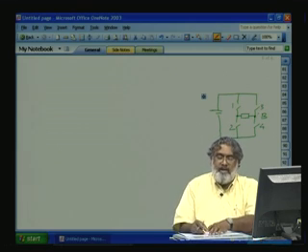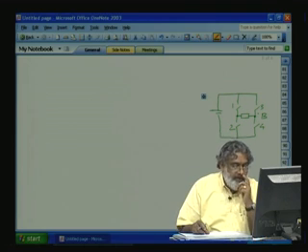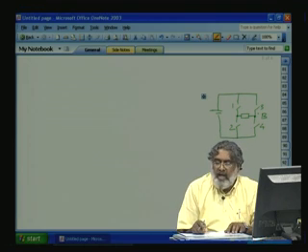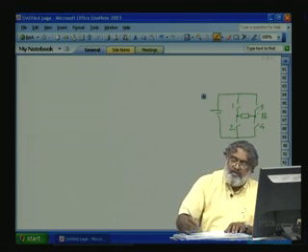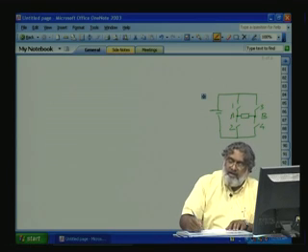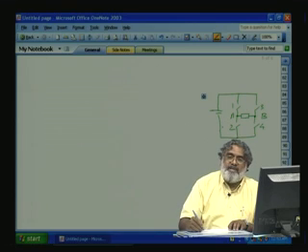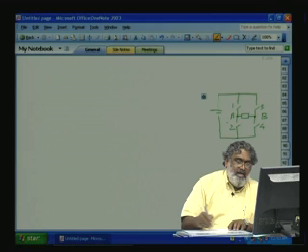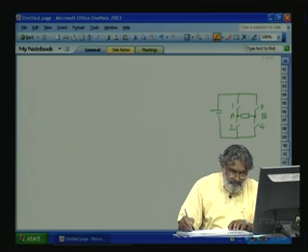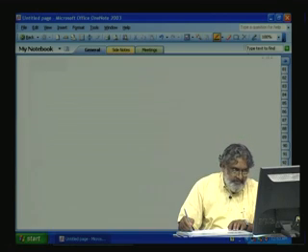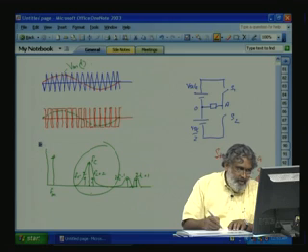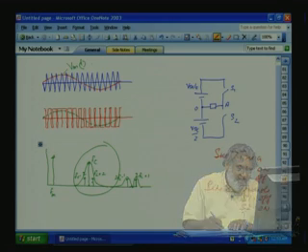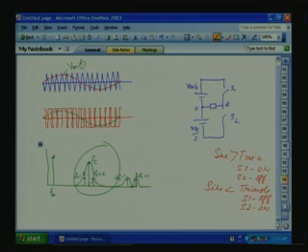These two legs can be independently switched, and we want them independently switched so that the fundamentals of VA0 and VB0, where 0 means the fictitious center tap here, should add, and the harmonics should cancel.